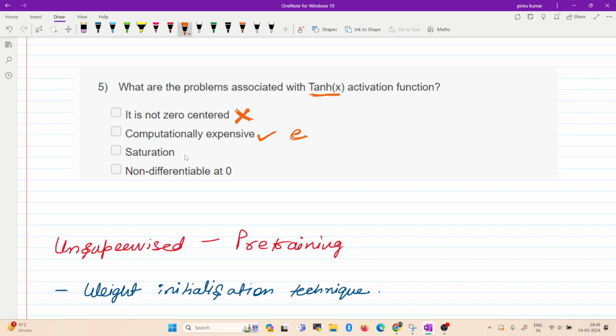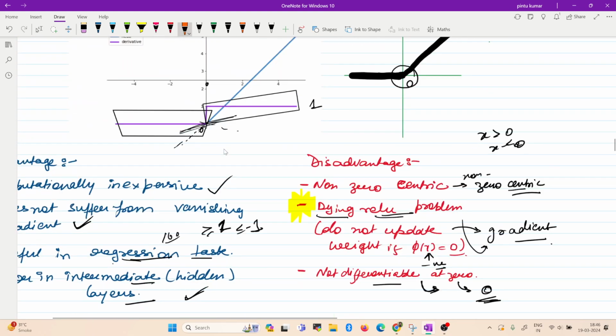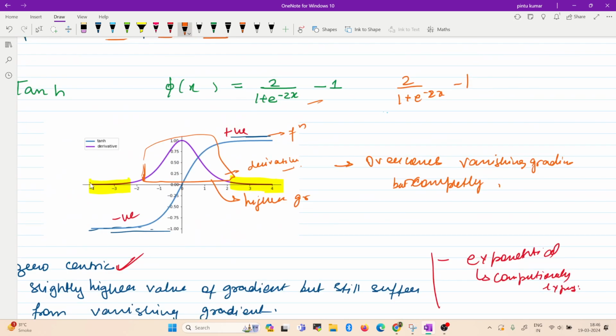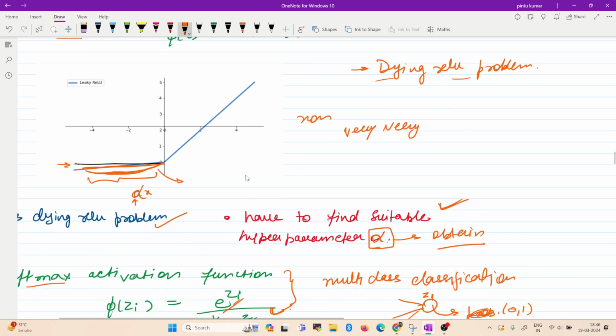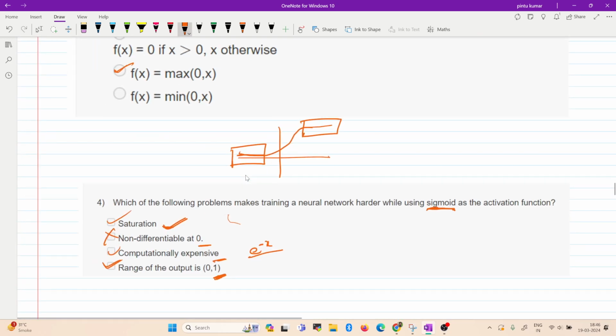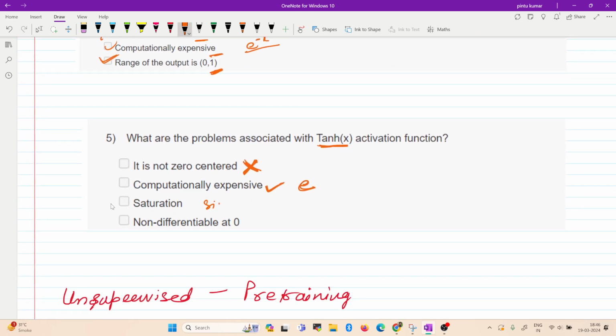It suffers less saturation as compared to the sigmoid function, but if you look at its graph, it still suffers saturation in this range. So it suffers lesser saturation, but it does suffer saturation, so you can take this option. Again, this is slightly subjective because it will depend on your application. It is differentiable at 0, so this option is incorrect.